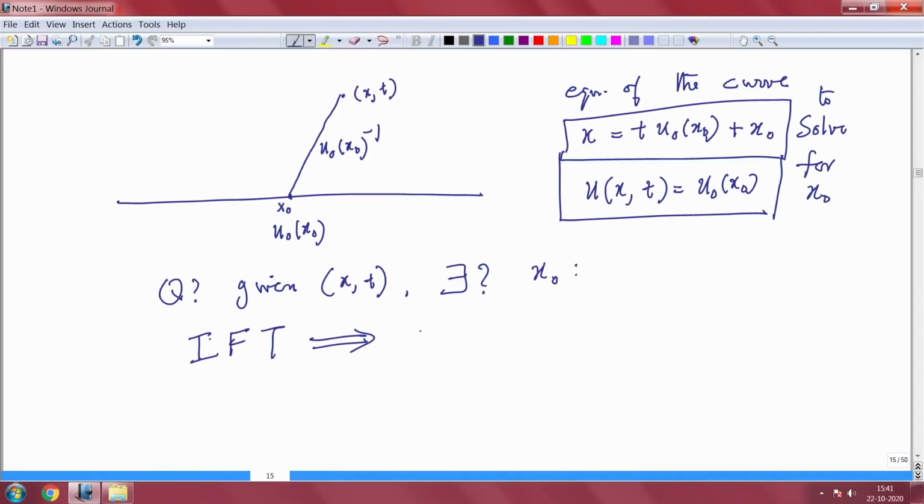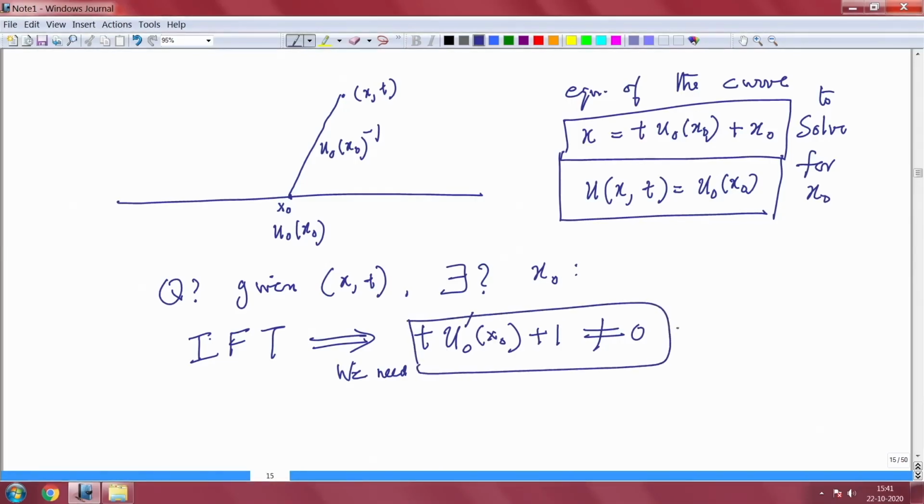So, this implies we need t u naught prime of x naught plus 1 to be not equal to 0. This is the derivative of t u naught of x naught plus x naught. If this is not 0, then x naught can be solved locally in a unique fashion.